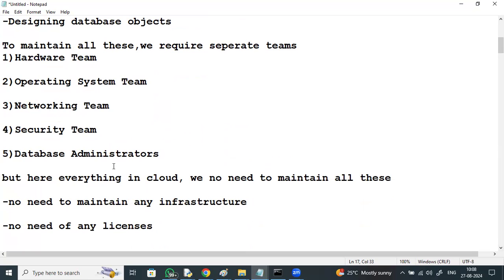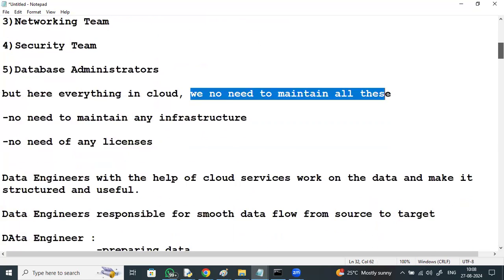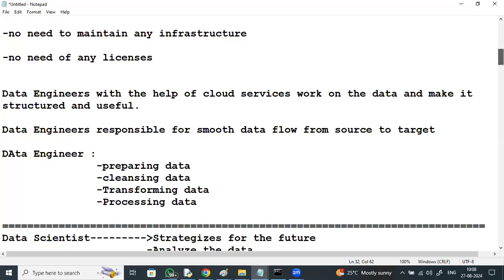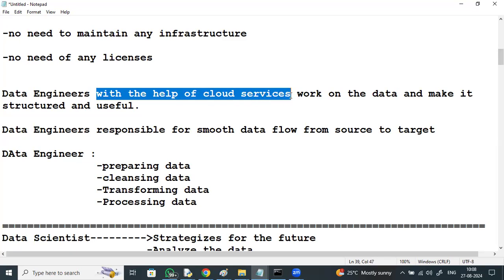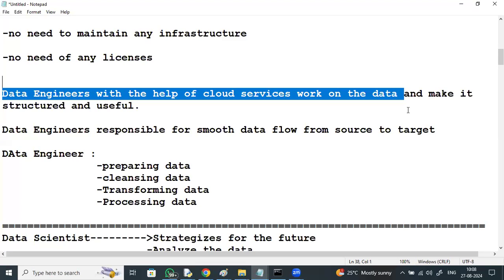In the cloud, we don't need to maintain any infrastructure or licenses. Data engineers, with the help of cloud services, work on the data and make it structured and useful.